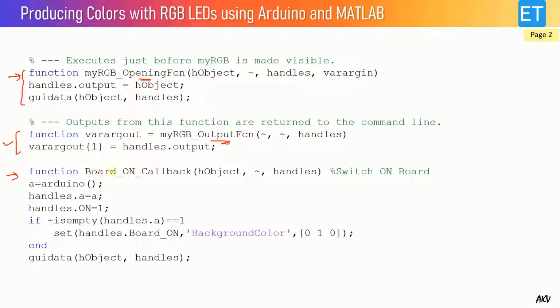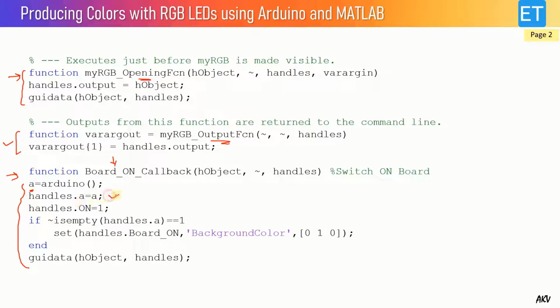So this is the board on. That means this is your first button. By pressing it, your Arduino board will be connected to the MATLAB. So these are my lines which I have written. First we have to declare a board variable, which is the A, that is A Arduino, by which your board will be connected.